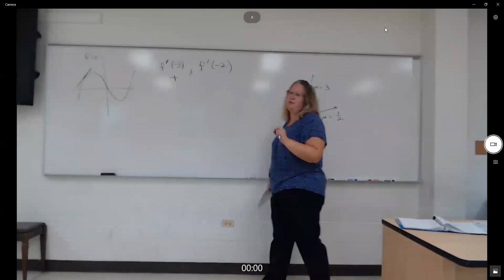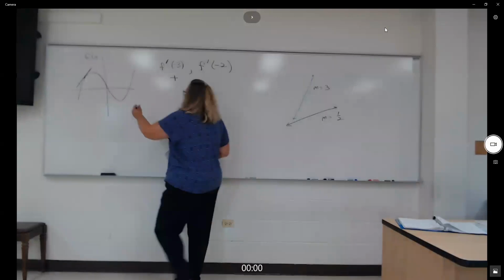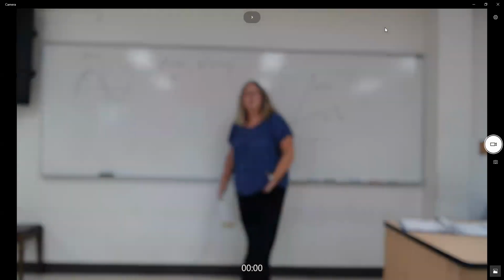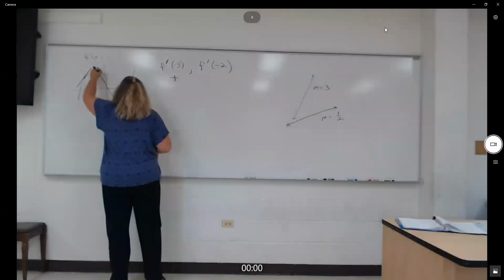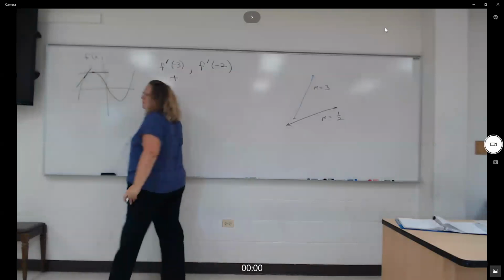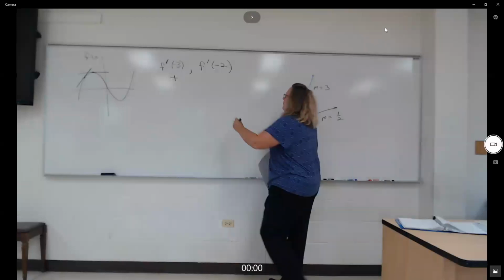If you look, negative 2 is right here. How do I know what that slope is? It's also the slope of the tangent line, so draw in the tangent line. What is the slope of that line? It's horizontal. It must be 0.